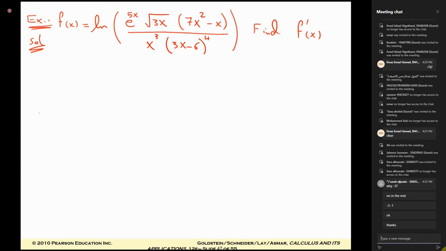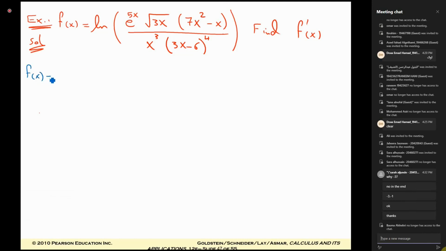Now first distribute the ln, so f of x equals what? ln of e to the power 5x, plus ln of 3x all to the power half, because the radical is the power half, plus ln of 7x square minus x.